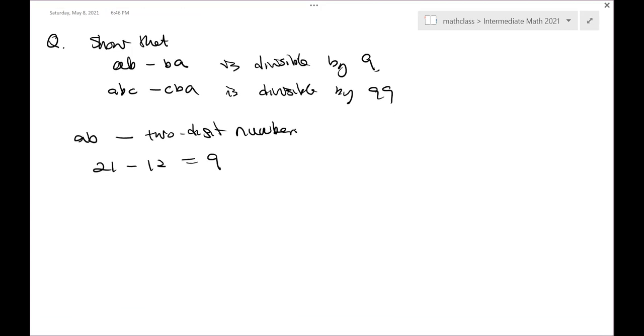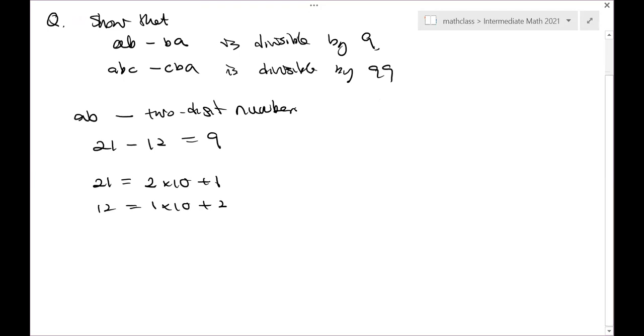How do you prove that? Because you have to state that it's true in general. So let's take a look at 21. We are in the base 10 system. Actually 21 is 2 times 10 plus 1, and maybe using this example, you get some ideas. And 12 is going to be 1 times 10 plus 2.